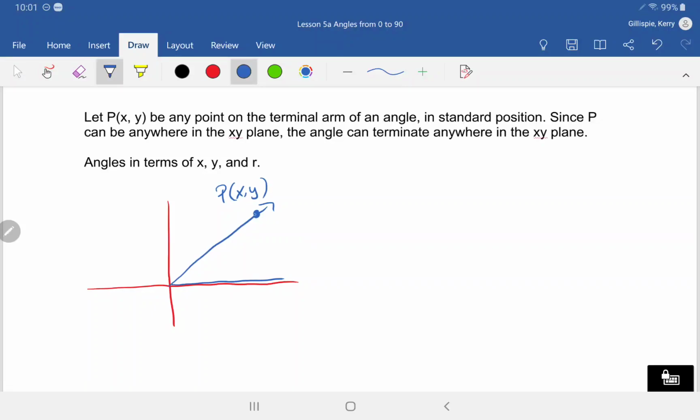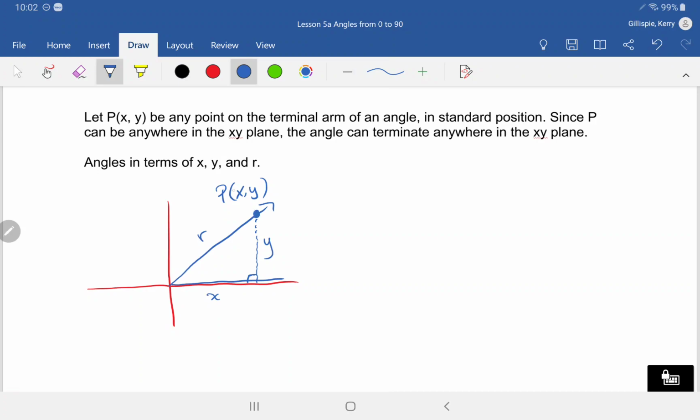So in that coordinate xy, we can create a triangle, a right triangle out of this, using our coordinates of x and y. So if we want to get to that coordinate, we have to go over x amount, whatever x is. We have to go up y amount, whatever y is, because to plot a point, you would go across x and up y. And then radius is r, okay?